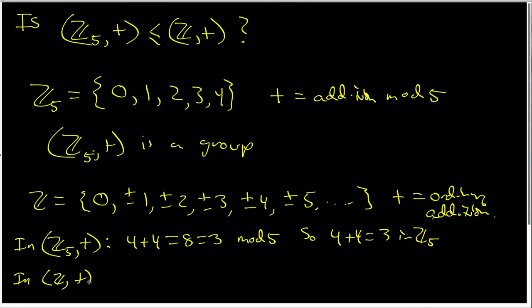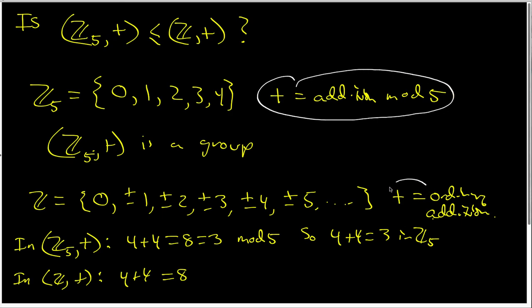Inside Z, however, 4 plus 4 is just equal to 8. I'm not doing any reduction mod 5. And so there's a big difference between the two operations. You can think of it as the answer is not the same in the two groups, but it's just as important to realize that this operation and this operation, even though we're using the same symbol to denote them, are different operations.